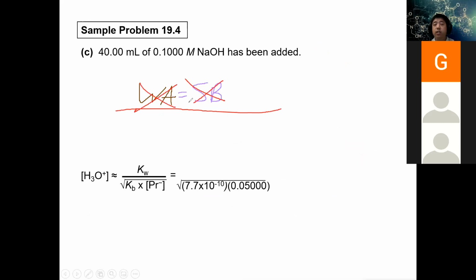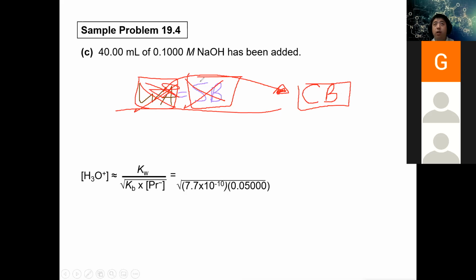But this doesn't mean that we have nothing left, because when I use up the weak acid, what is left over from that weak acid? Isn't it the conjugate base? So this amount that we have for the strong base, this amount we have for the weak acid, all of it's used up. I have that amount of conjugate base.